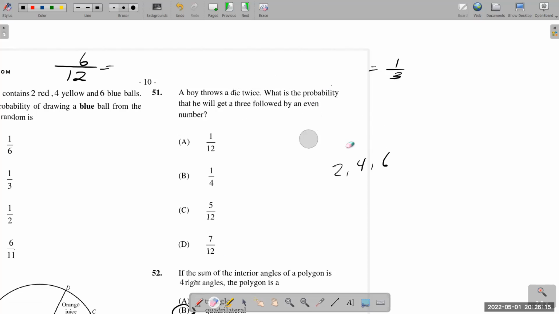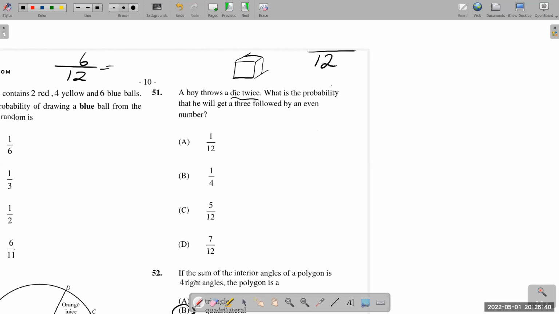You checked it? Okay, so a die is 1 cube. And if you know how a die looks, you have 1 to 6 on it. So you have 6 faces. If he throws the die twice, that means you have 12 options that you could get. Everybody with me?